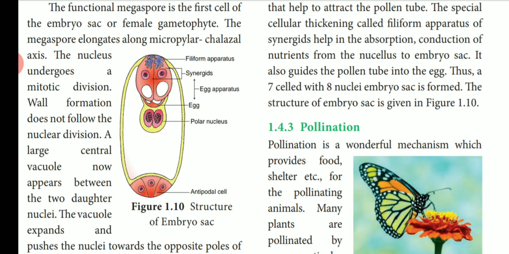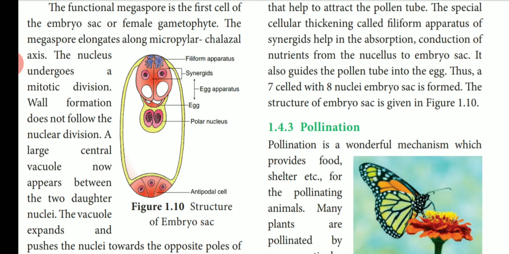At the micropylar end, can you see in figure 1.10 there is an apparatus called the filiform apparatus. The filiform apparatus is nothing but a cellular thickening; the cell becomes thick and forms the filiform apparatus.